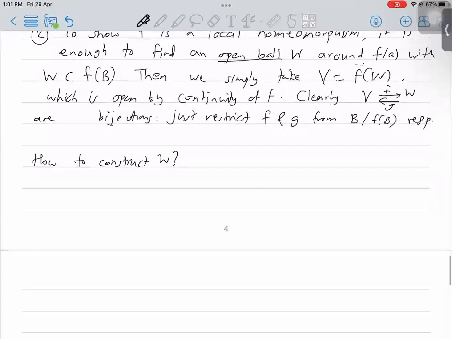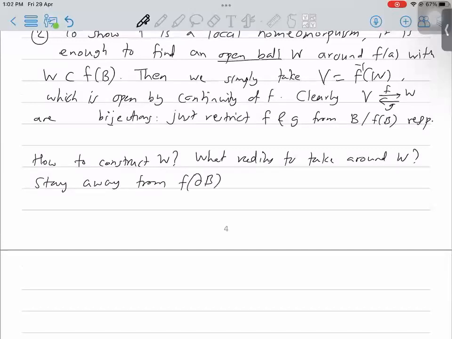So what radius to take around W? The idea is to stay away from f of the boundary of B. So what do I do? I just look at what it means to take points that stay away from the boundary. Well, let me see how far the boundary is.